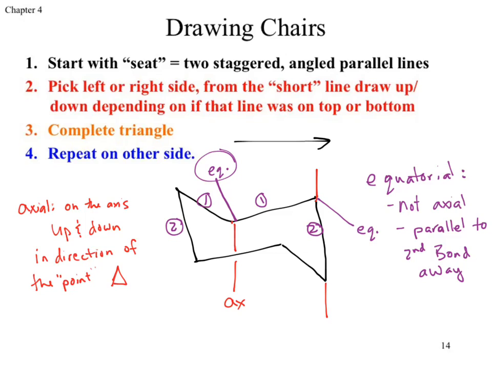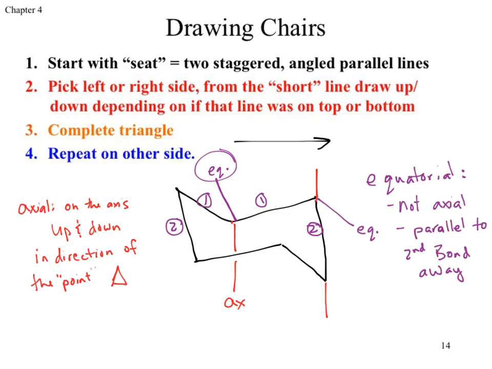So this is where picking up some skill in drawing chairs can help you nail these down a bit better. This gets to your question of to the left or to the right. According to where we want to draw our equatorial, it needs to be parallel to the second bond away. If we drew that line a little bit more to the right, is that parallel to the second bond away? No. So it doesn't fit our rule set for where it should belong.